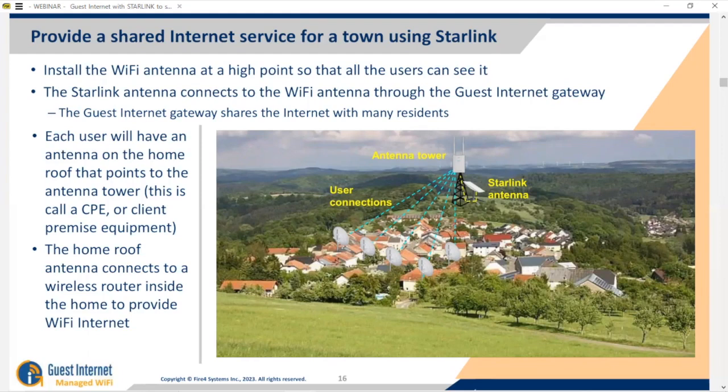A mobile device connecting to the antenna might have a range of maybe 100 meters or 200 meters, whereas a home with an antenna on the roof can have a range that exceeds 1 kilometer. And so it's very important to have the wireless equipment in place to maintain good communication.